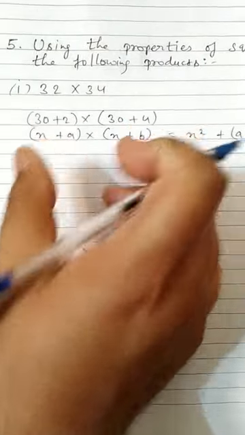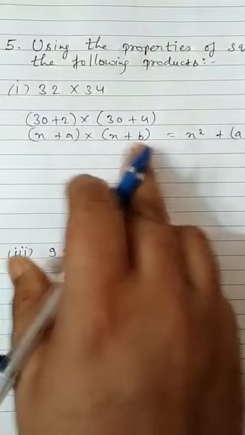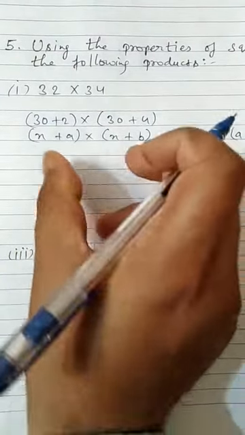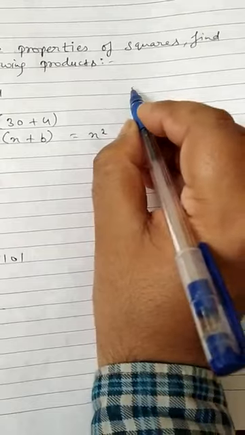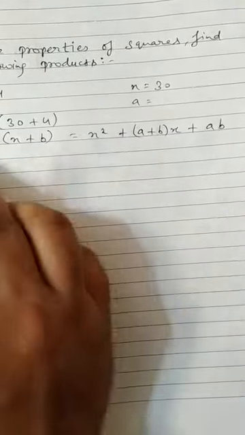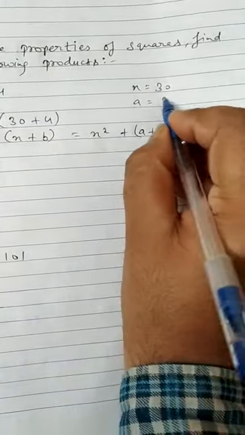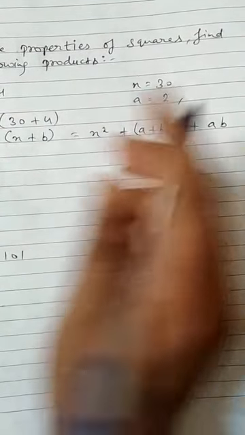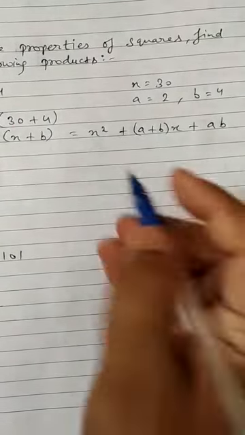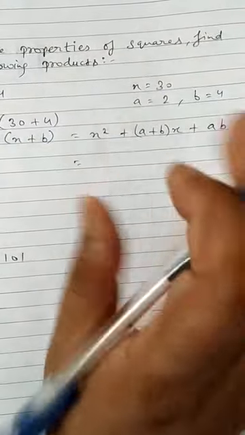So let us see what are the values of these variables. The value of x is 30 in both the brackets. So I will write here x is equal to 30. The value of a is 2 and the value of b is 4. So I will just put the values.